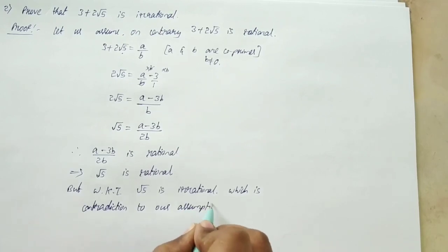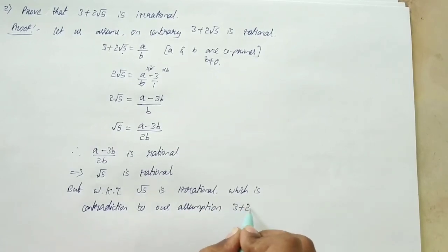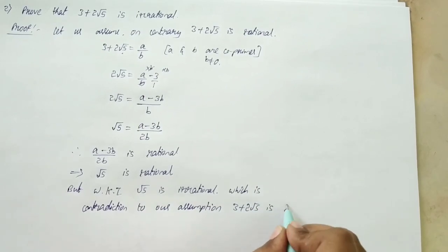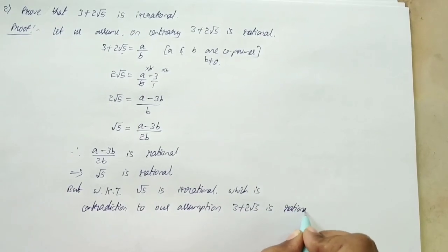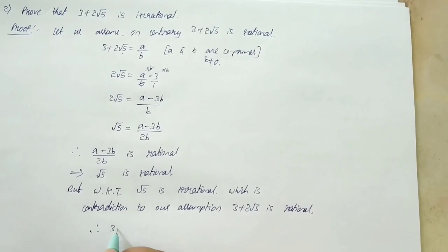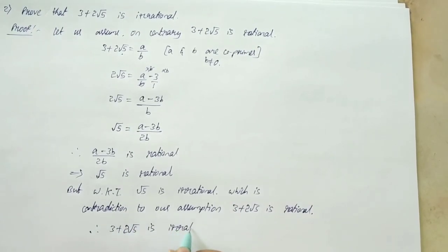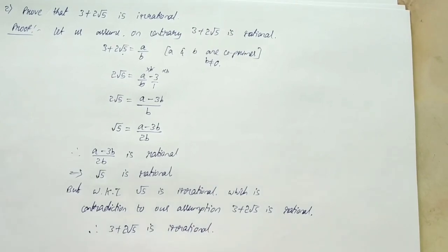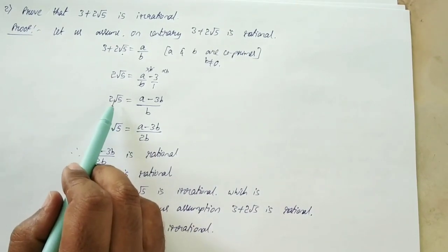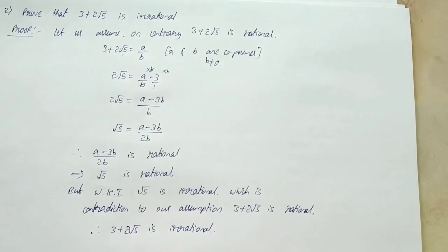What is our assumption? 3 plus 2 root 5 is rational, right? Therefore 3 plus 2 root 5 is irrational.